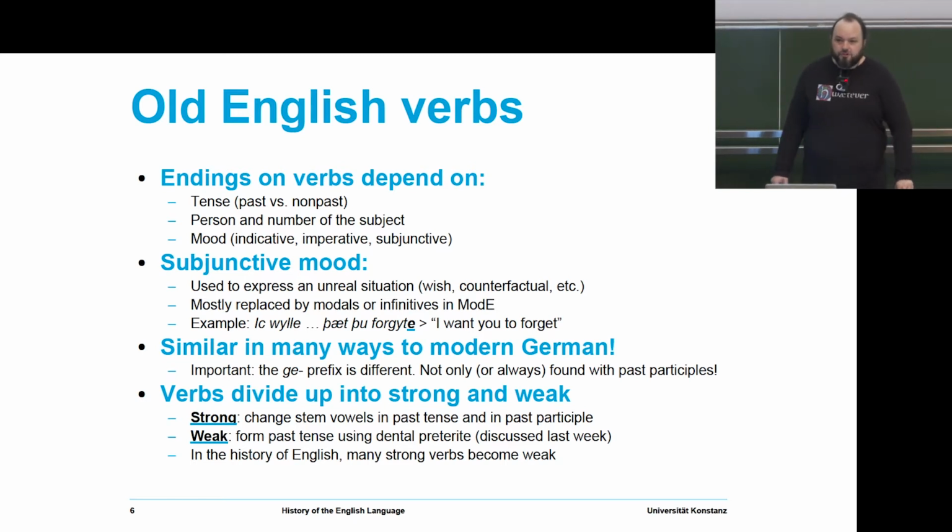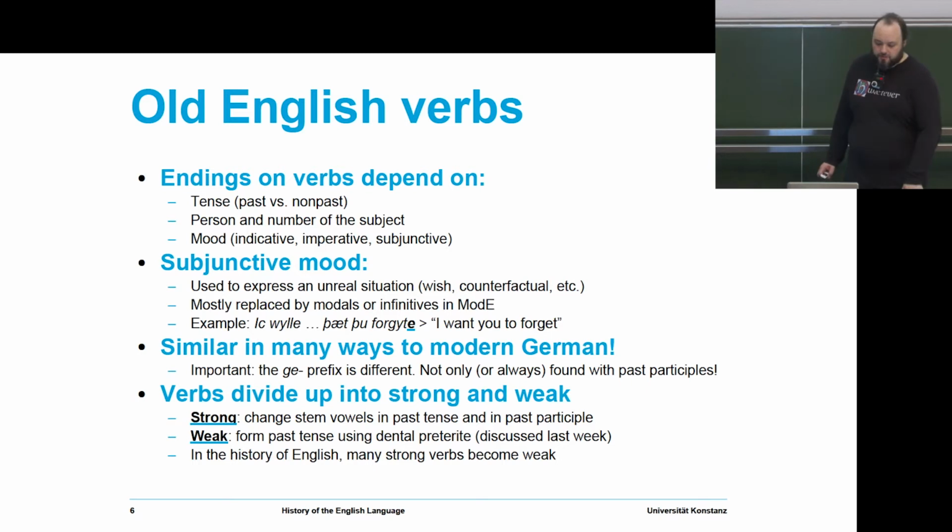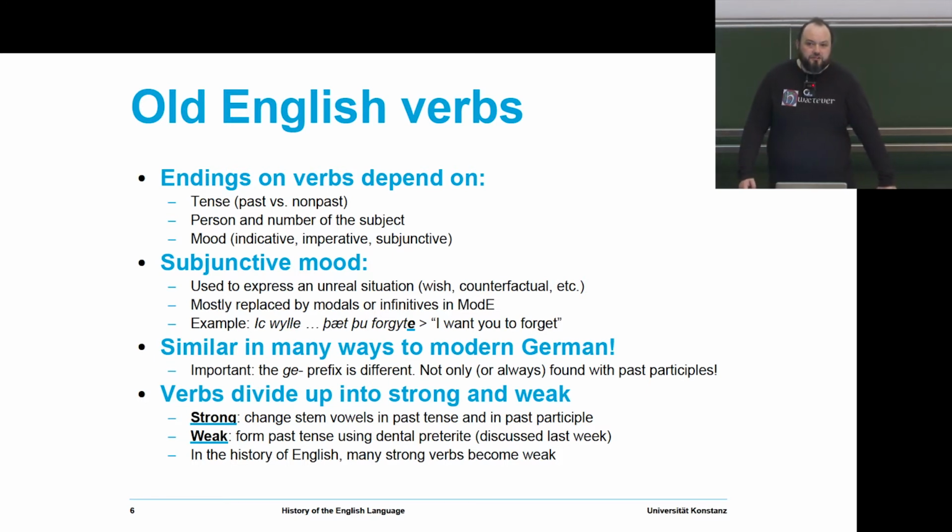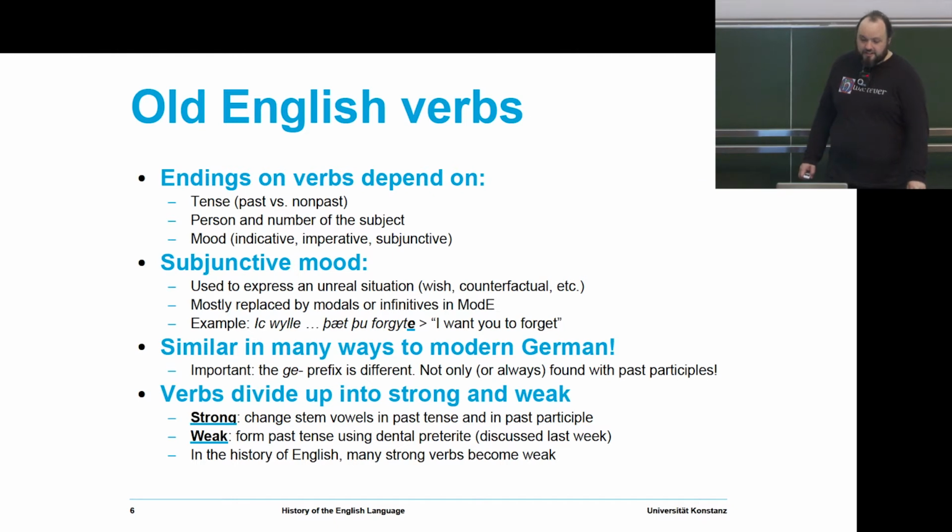But the basic distinction between strong verbs and weak verbs is that strong verbs change their stem vowels in the past tense and in the past participle. So these are verbs like sing in modern English: sing, sang, sung. Weak verbs, on the other hand, form their past tense using the dental preterite, which we discussed not last week, in fact, but the week before.